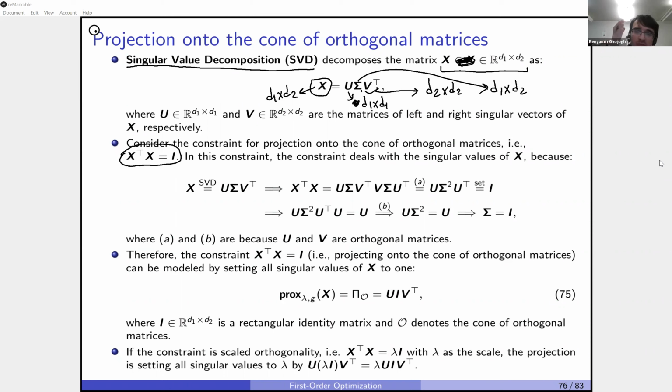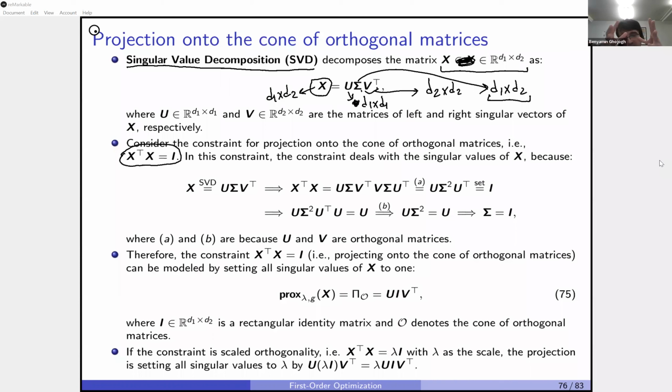U and V are orthogonal matrices. Therefore, U transpose U equals I, the identity matrix, and V transpose V is also I. U is called the matrix of left singular vectors, and V is the matrix of right singular vectors. These are just names. And sigma is a rectangular diagonal matrix, and its values are the singular values.